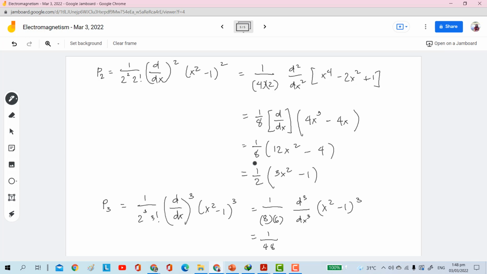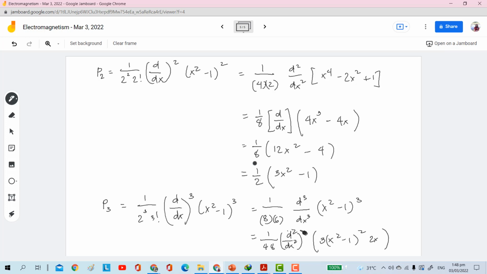So 1 over 48. And then we take the derivative of this with respect to x. Sorry, this is the second derivative with respect to x. So deriving, you have 3 times x squared minus 1 squared multiplied by 2x.